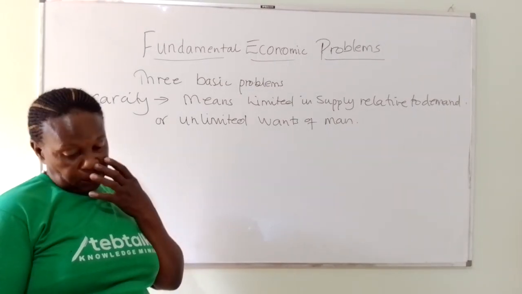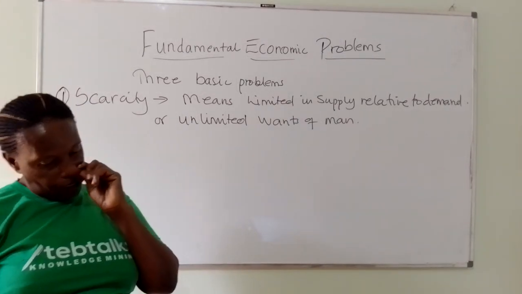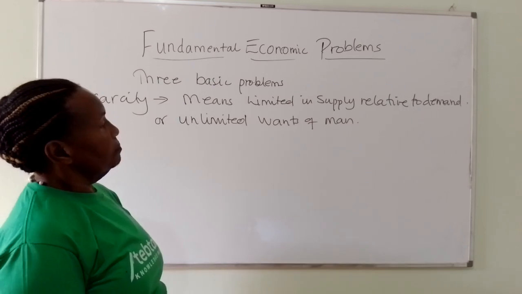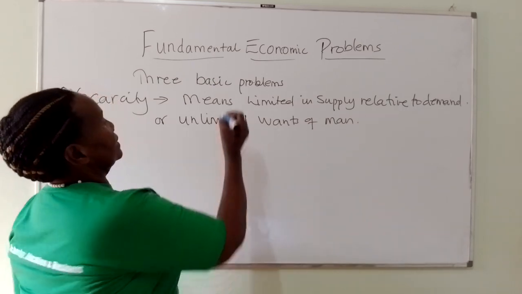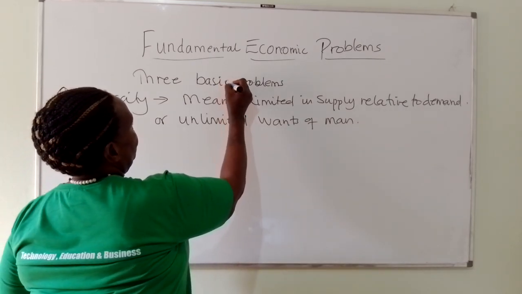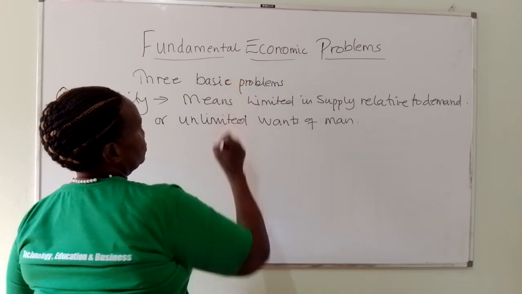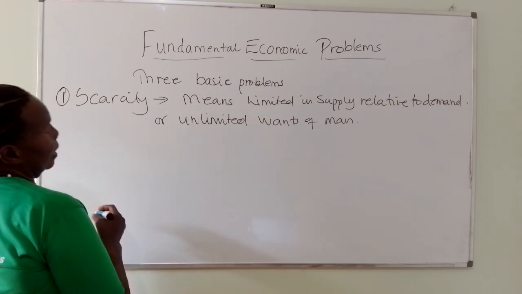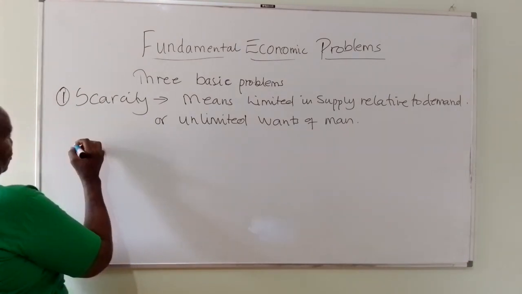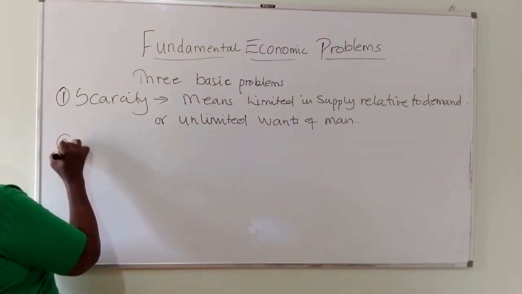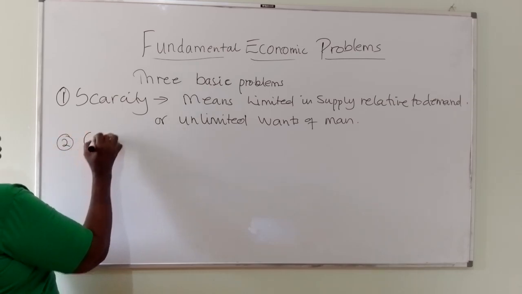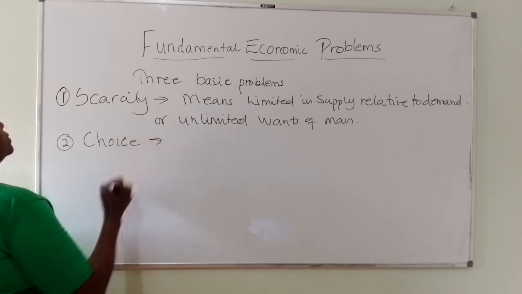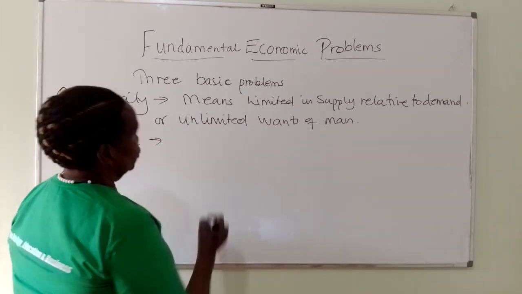All things are in short supply relative to people's wants, which leads to making a choice. Because we are not able to access resources that can satisfy all our needs, we are required to choose among the options around. So that brings us to the second concept, which is choice. Why do we choose?